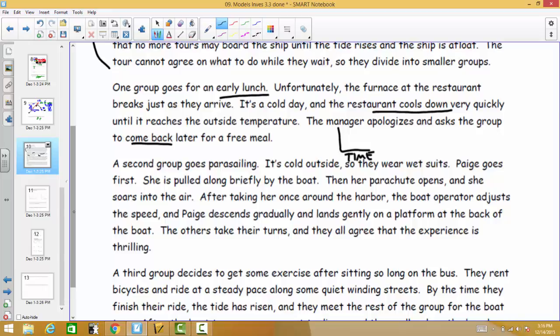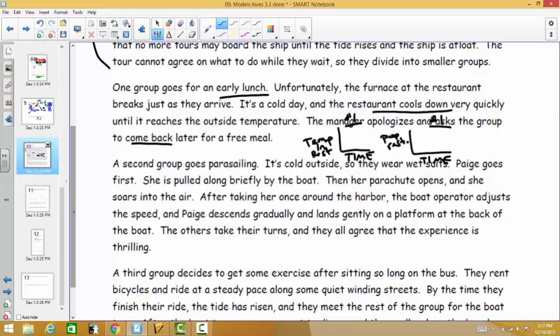Depending on the time, you could graph this with temperature, or you could do time with people in the restaurant. So if you're graphing time and temperature, it would be temperature in the restaurant. And we'll label this group 1 because this is the first group.